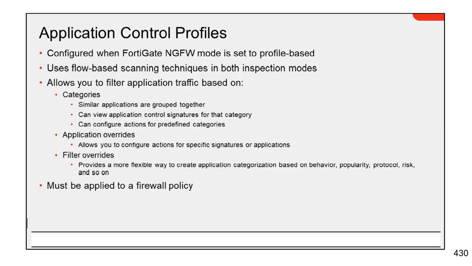So when a FortiGate, or a virtual firewall inside the FortiGate, is operating in flow-based inspection mode, or the policy is set to proxy-based inspection, to configure application control, administrators must create an application control profile and apply that profile to a firewall policy.